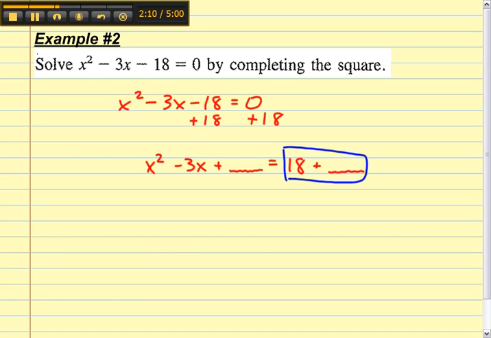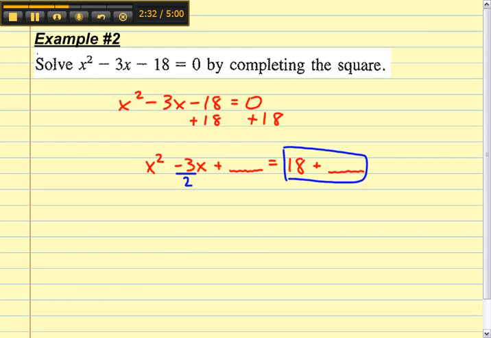Okay. Ellie, what do I do to find out what goes back here? Divide what by 2? All right, so I'm going to divide, not negative 3x, just negative 3, just the number. I'm going to divide that by 2.